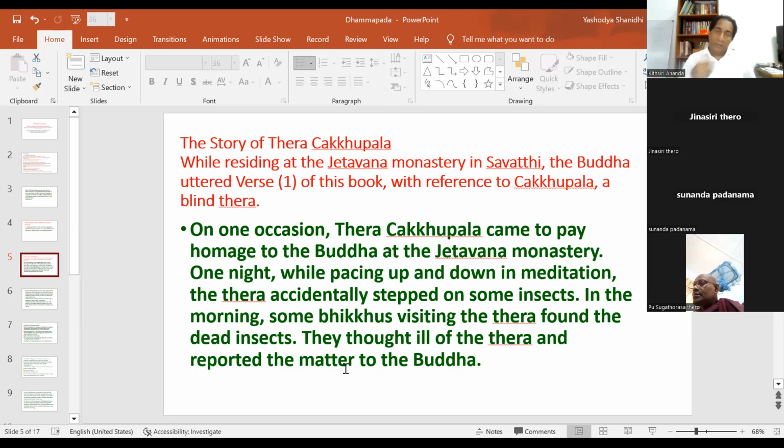Then the Buddha asked, "Did you see him stepping on them?" Then the monks answered in the negative. "Did you see Chakkhupala Thera stepping on them?" They answered in the negative. Then the Buddha said, "Cetanaham bhikkhave kammam vadami." So if you do something intentionally, you get the consequences out of that.